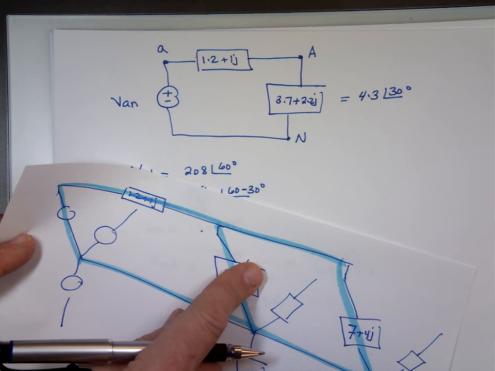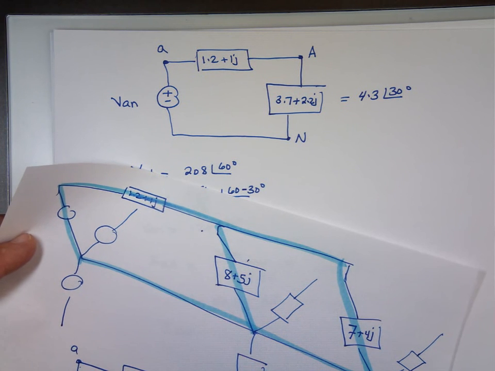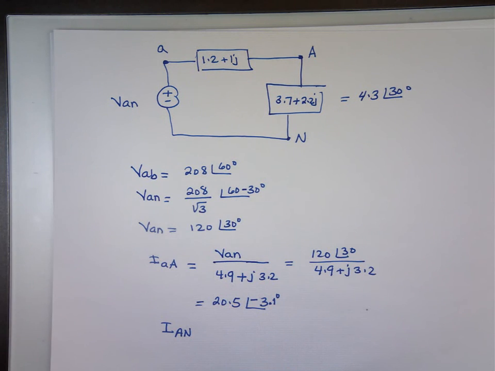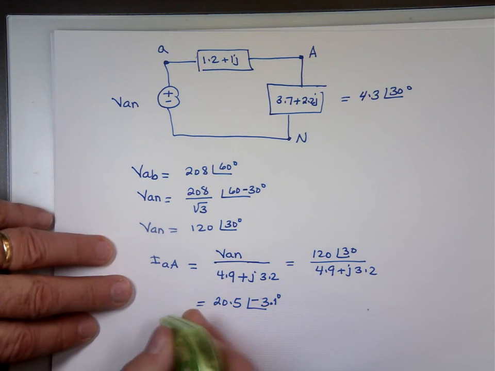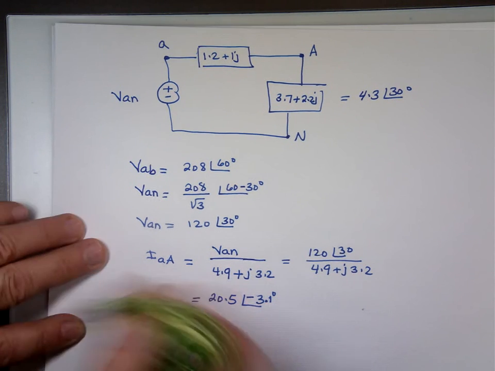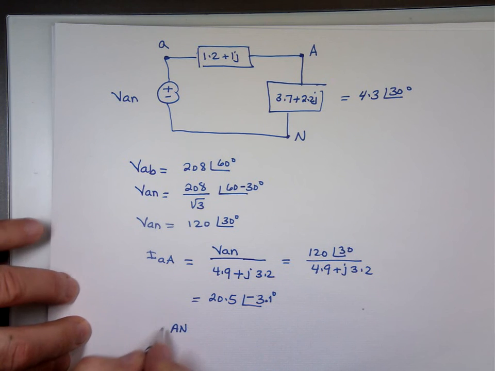Don't even remember what I asked for this. I think you were asking for VAN. If I want to find VAN, capital AN, we know what the current is, and we know what the impedance.